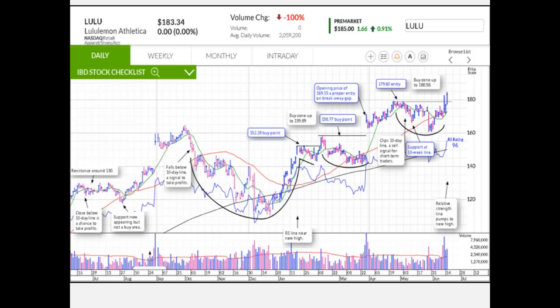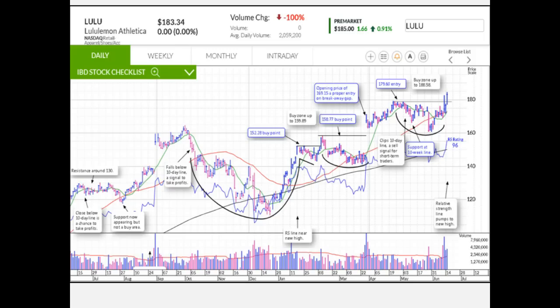And we did not move it from the watch list to the leaders list last week because it went over 180, and then sellers came in, and it managed a very small gain late last week. But we were encouraged to see the stock reclaim the buy point, and this was a very new half position that was made full because it reclaimed the 179.60 buy point, and it is hitting a new high today as well.